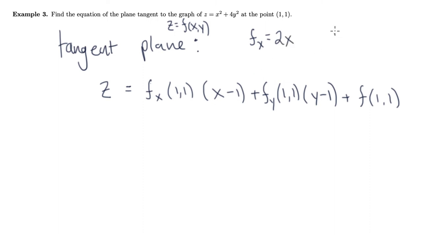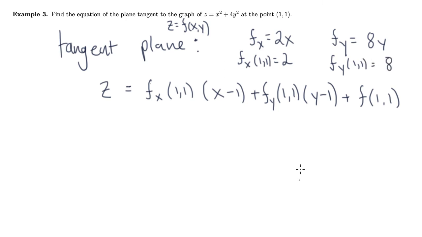The partial with respect to y is going to be 8y. So if I evaluate the partial with respect to x at the point (1, 1), I get 2. And if I evaluate the partial with respect to y at the point (1, 1), I get 8.